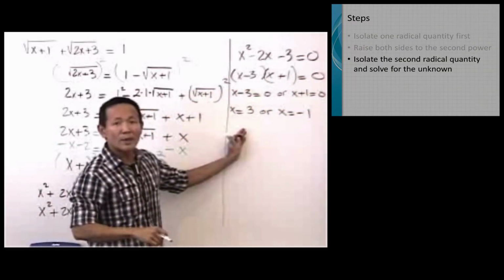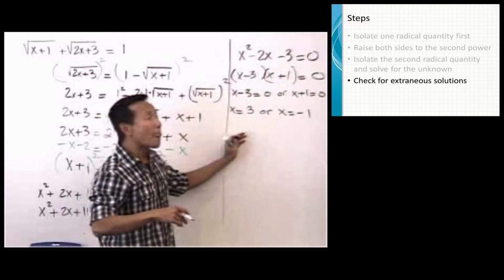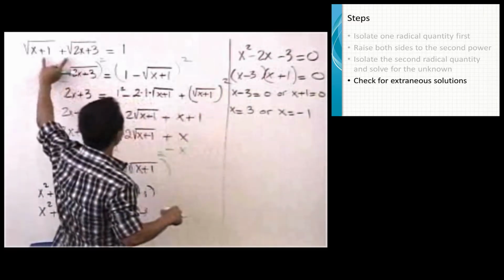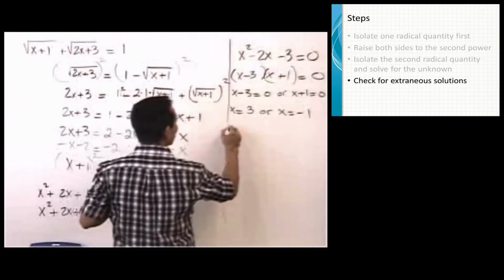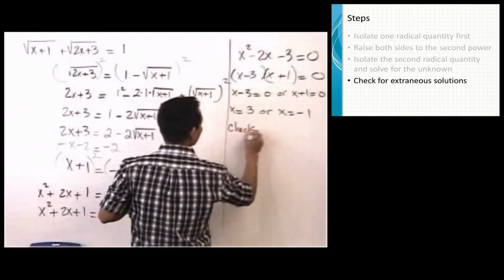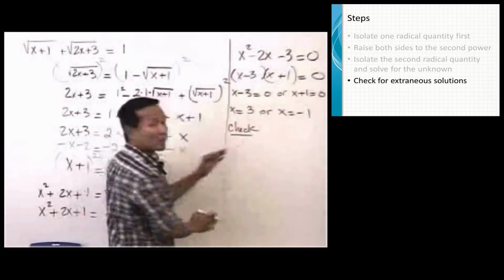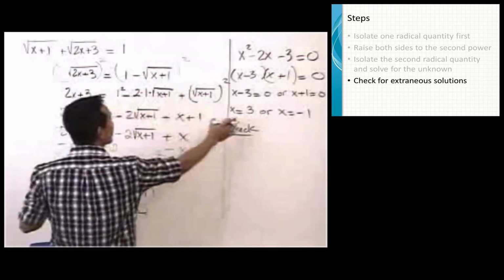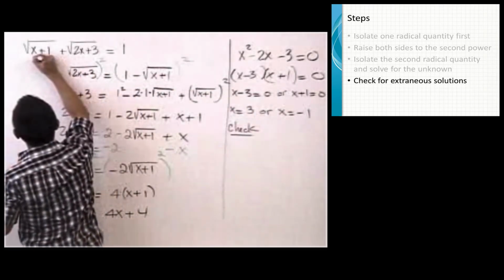And then we have to check for extraneous solutions. We go back to the beginning of the equation. I am going to do some mental checks, and I am going to do it very slowly. We are running out of space here, so I'm going to work with you mentally. I'm going to replace x by 3.